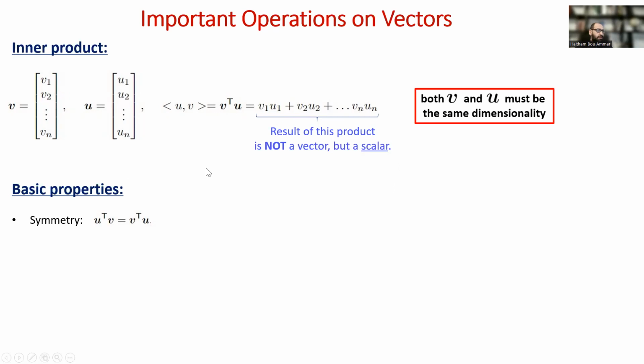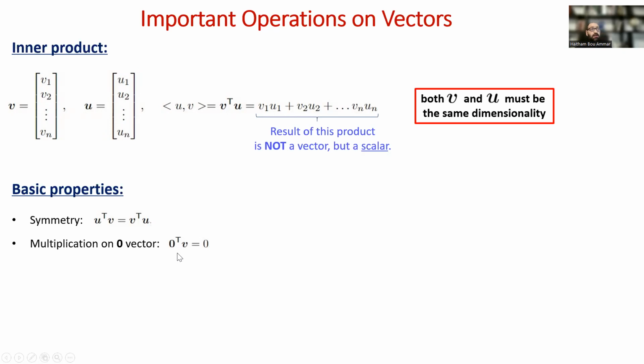So some properties of this inner product. First of all, this inner product is symmetric. For example, if you do u transpose v or v transpose u, it's the same thing. If I tell you to take the inner product between v and u, it's the same as telling you to take the inner product between u and v.